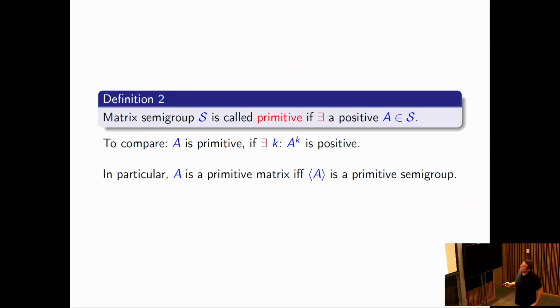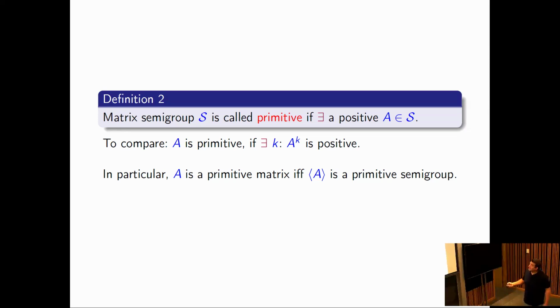Yeah. So a semigroup is primitive if there exists a positive matrix in my semigroup. Again, it is natural in a sense that, remember, primitivity is when a certain power is positive.